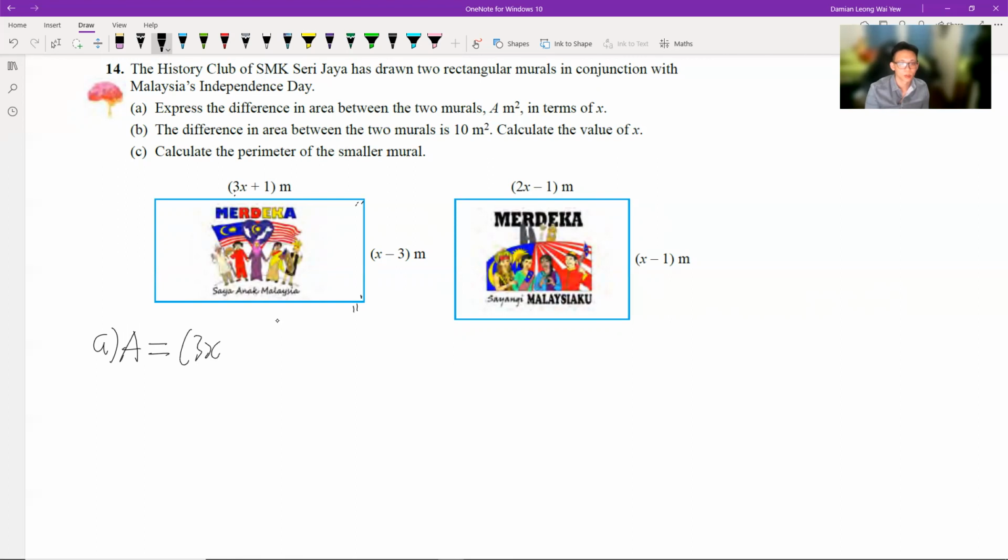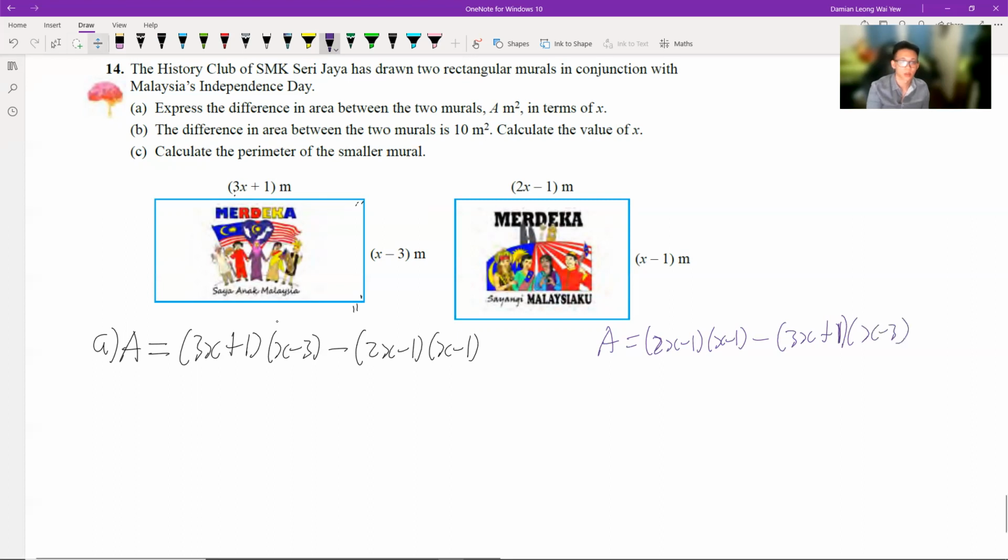Let's say I assume this one is larger, then it's 3x plus 1, x minus 3 minus 2x minus 1 times x minus 1. The other case would be the other way. 2x minus 1 times x minus 1 minus 3x plus 1 times x minus 3.